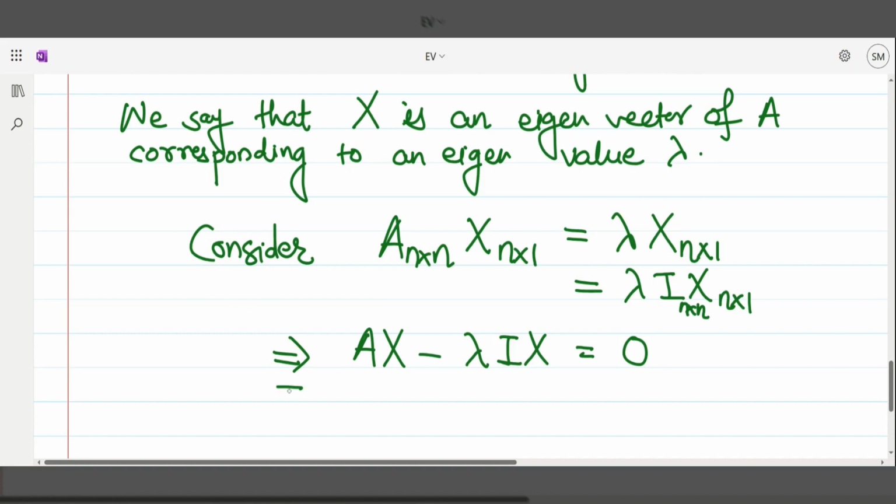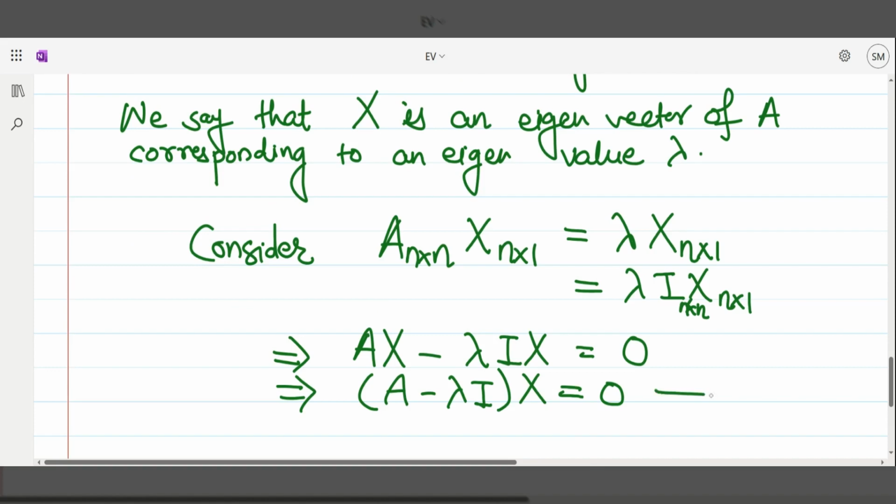Now if I rearrange, x can be taken common: (A minus lambda I) x equal to 0. The reason behind this rearrangement is that the subtraction is well defined. A is a square matrix of order n, and lambda I is also a square matrix of order n. So this bracket is a square matrix of order n that is pre-multiplied to a column vector of Rn.